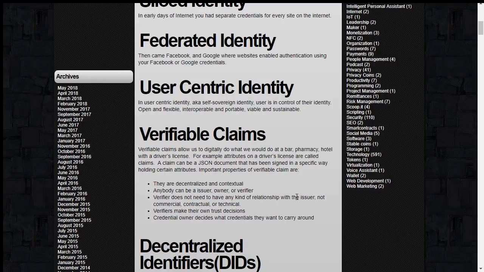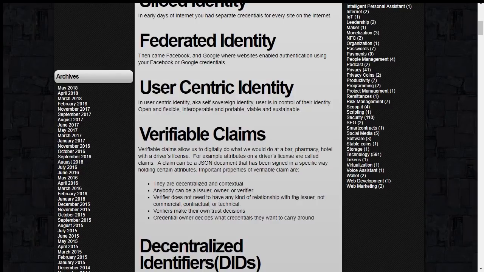So what would happen with the user-centric identity would be, the workflow is going to be such that the barkeeper asks you to prove that you are indeed over 18, and you have this verifiable claim that you've had a third party sign for you, which just says you are over 18. It does not share the exact date of birth of yours with the bartender or barkeeper.